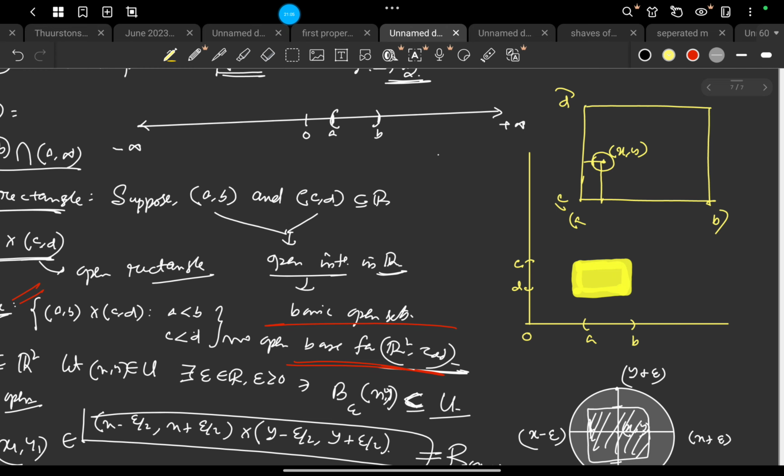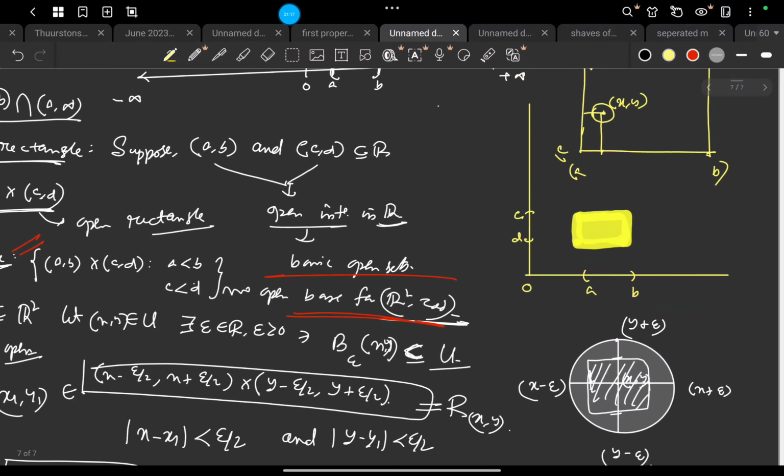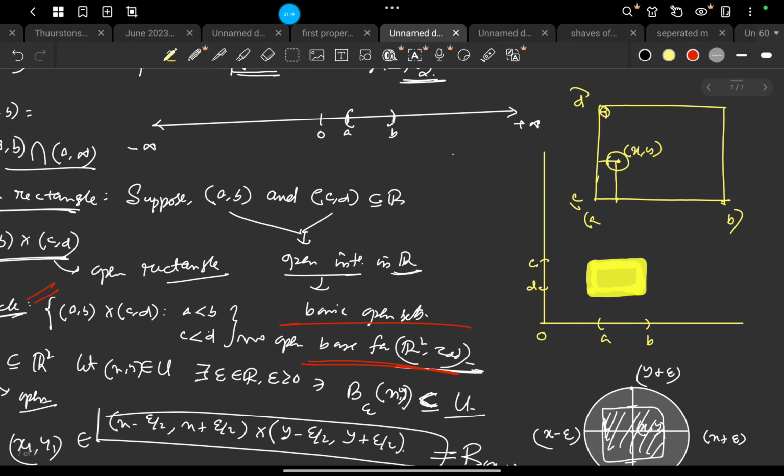Whatever point you choose, the prescribed circle will be completely inside this open rectangle. So that means this is how one can define them. In fact, you can easily check that these open rectangles are open sets. There is also another way: if you already know that these open rectangles are open sets in the normal Euclidean topology, that is very easy for you to check.